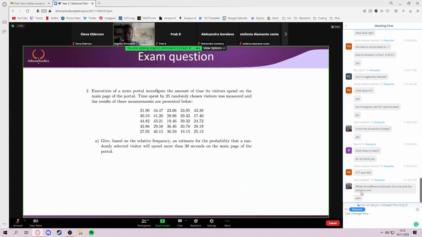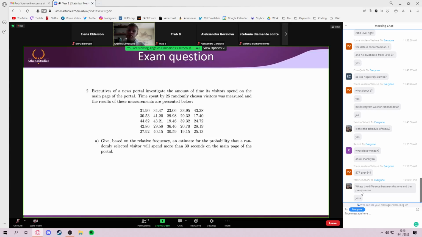Perfecto. Okay, so let's try an example question. Executives of a new portal investigate the amount of time each visitor spent on the main page of the portal. Time spent by 25 randomly chosen visitors was measured, and the results of this measure are presented below.